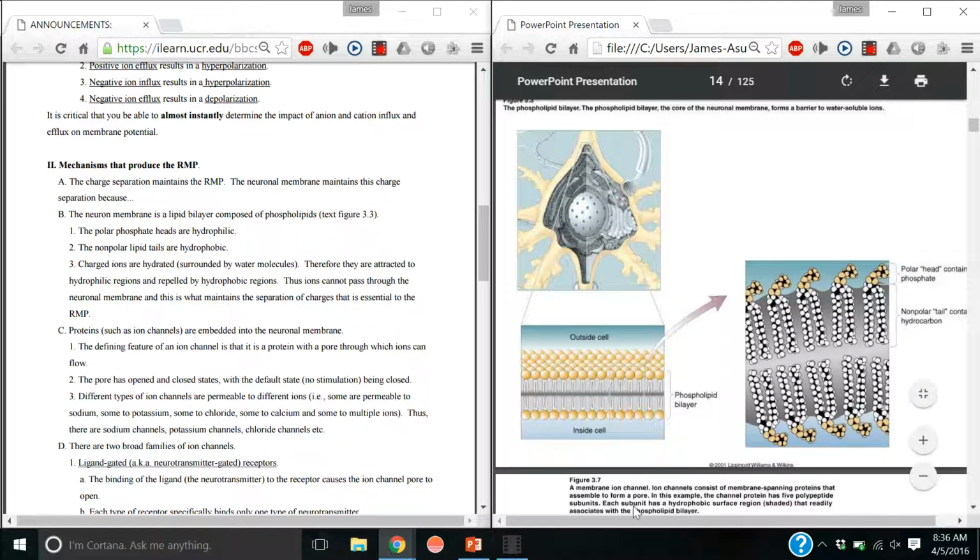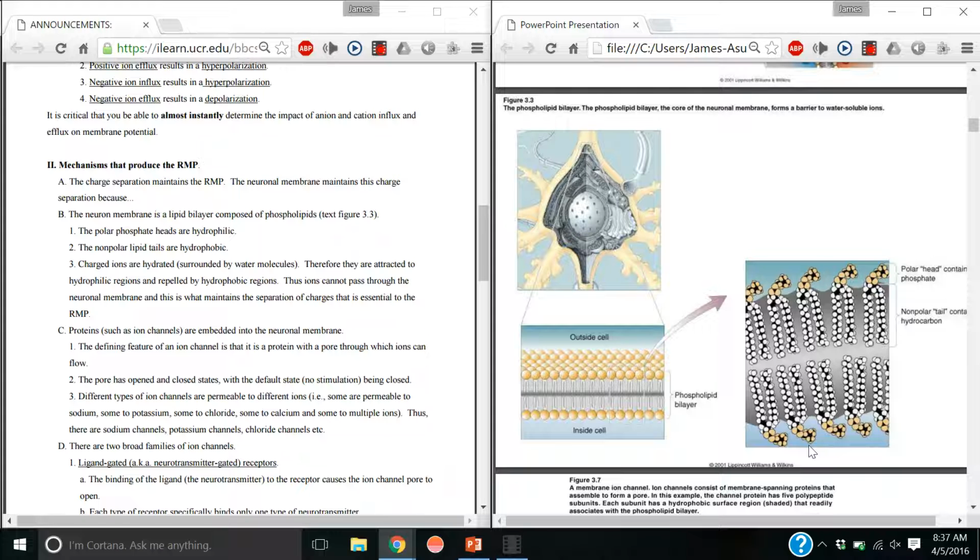And so what's important is that the phospholipid molecules are polar in and of themselves. They have a polarized positive phosphate head region and an electrically neutral lipid internal region. So this part, the extracellular part, as well as the intracellular facing part of the phospholipid molecule is polarized, the charge on it.